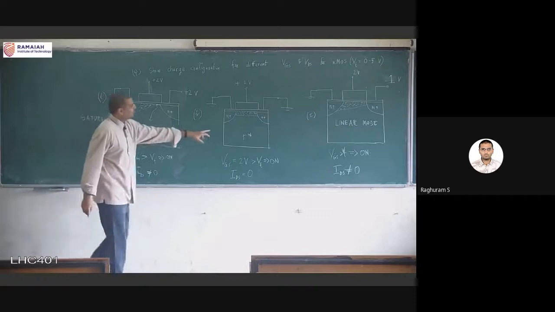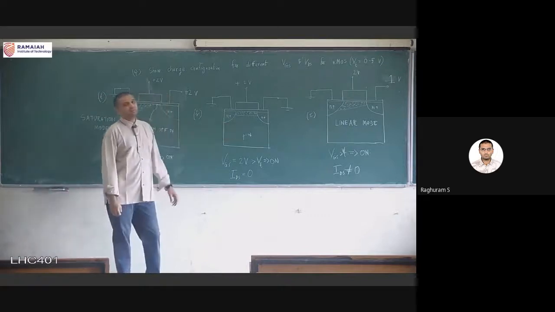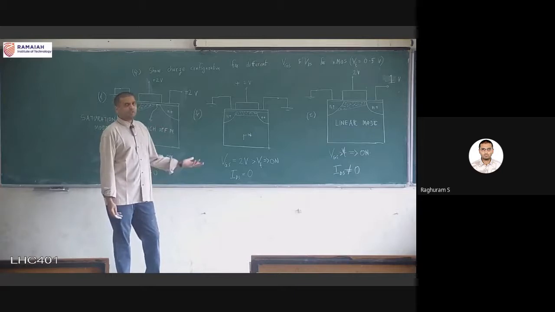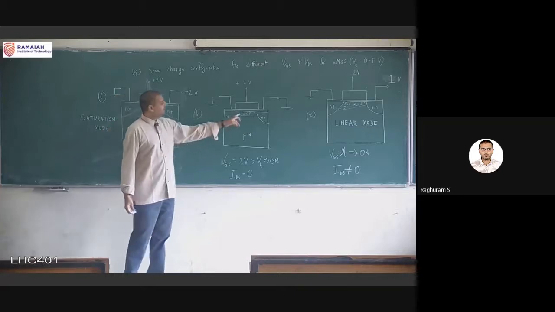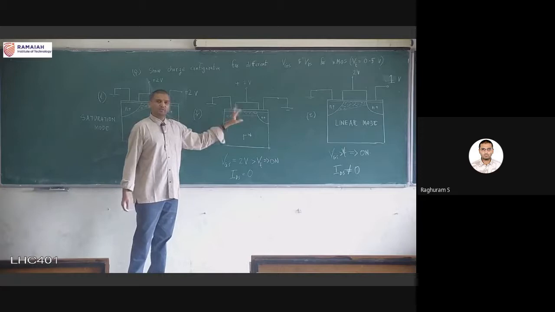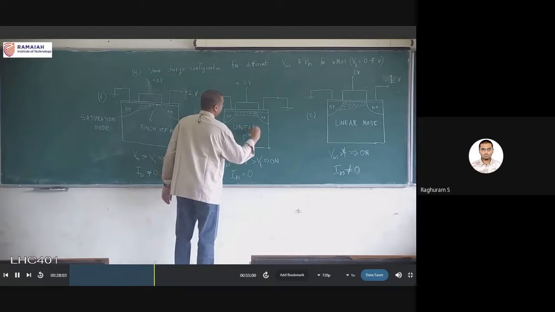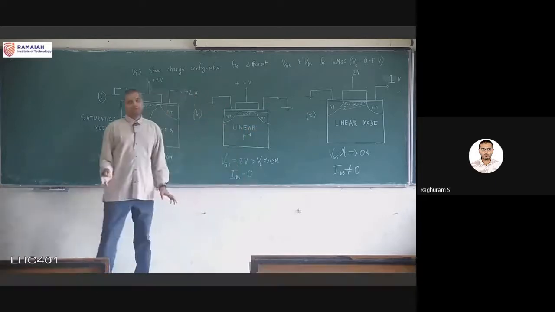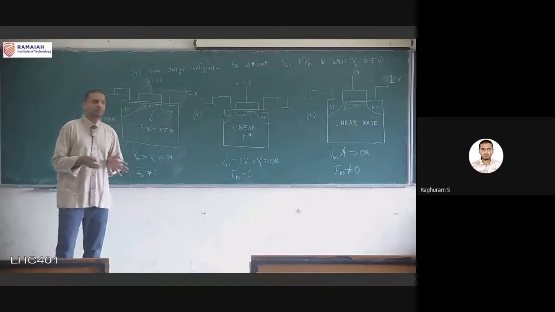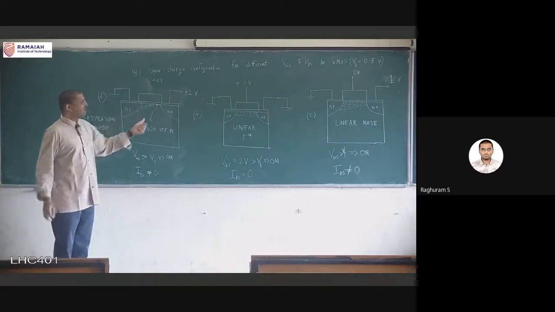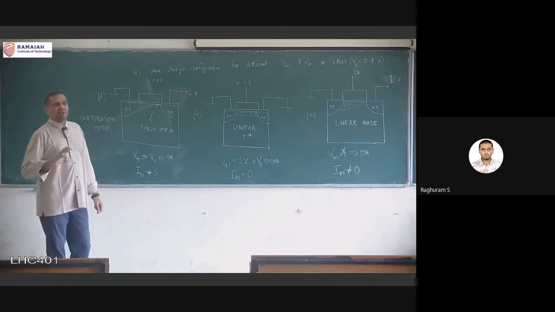So based on that definition, this is which condition, linear or saturation? Just use the definition, right? The channel exists from the source to the drain. So this is also linear mode of operation. So this is the division that we are going to do in terms of the channel charge configuration, but channel charge every time is not easy to do.